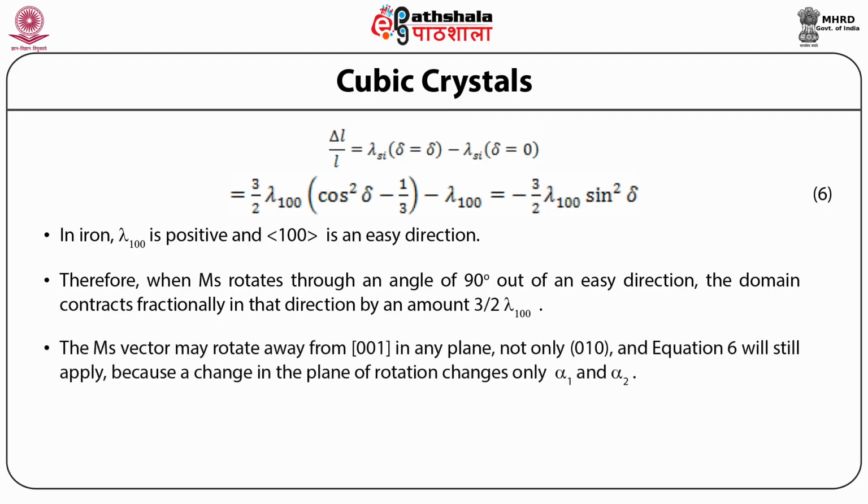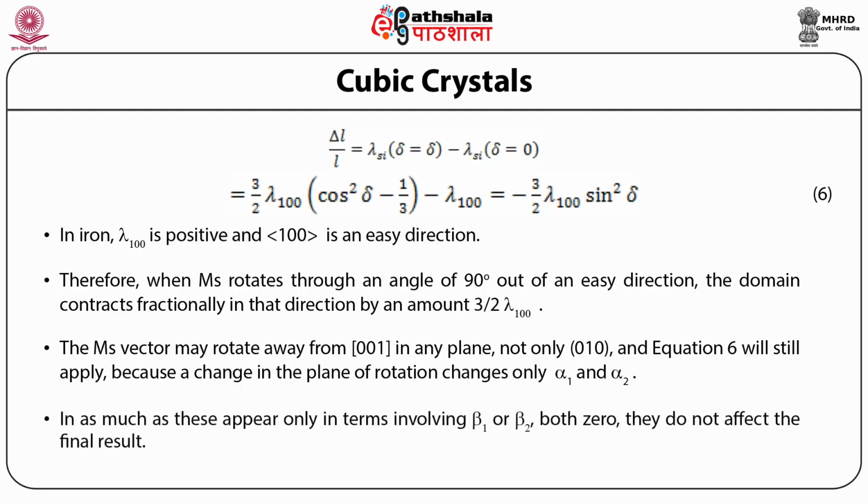The Ms vector may rotate away from [001] in any plane, not only (010), and equation 6 will still apply, because a change in the plane of rotation changes only alpha 1 and alpha 2. Inasmuch as these appear only in terms involving beta 1 or beta 2, both 0, they do not affect the final result. These several changes in the length of the crystal along [001] are illustrated in figure 3b.